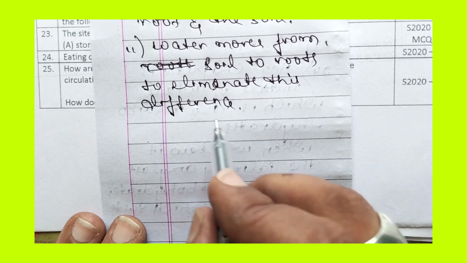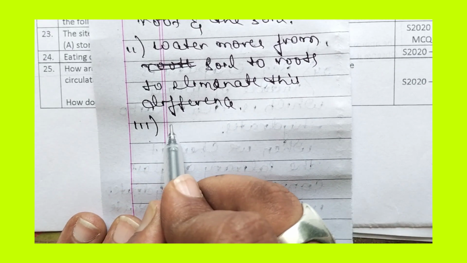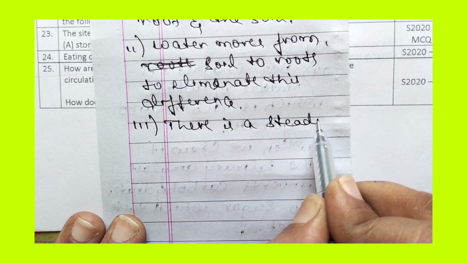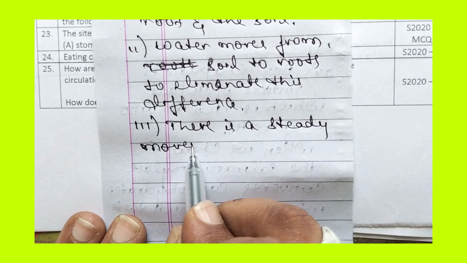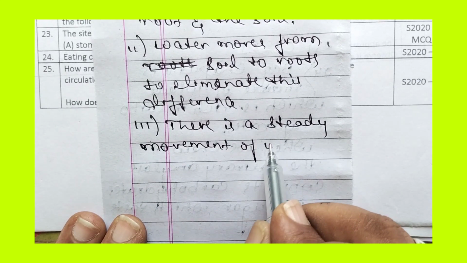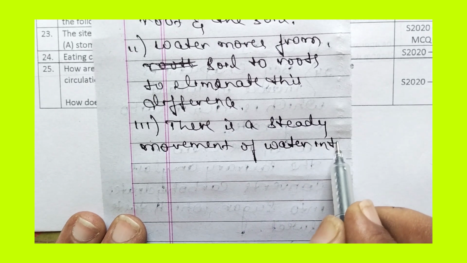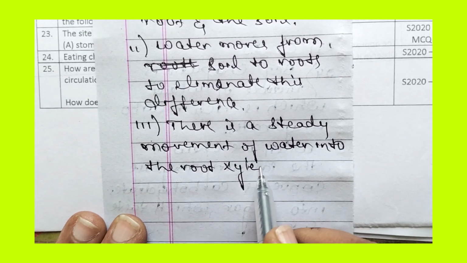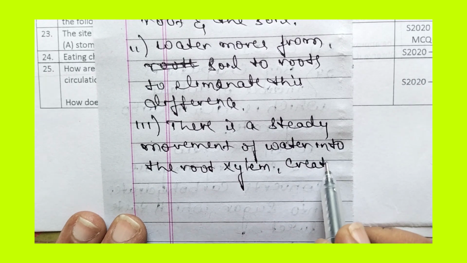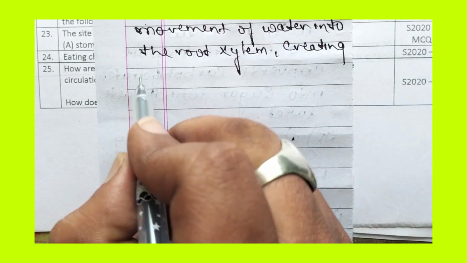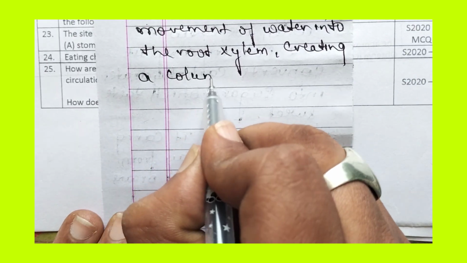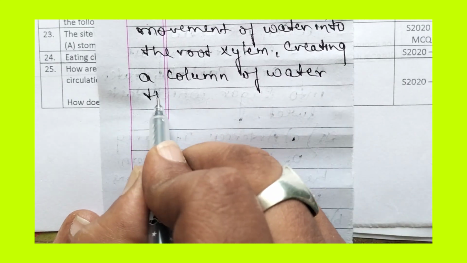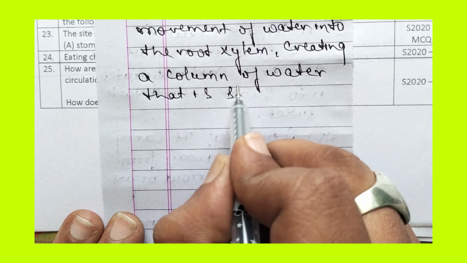Next, the third point is there is a steady movement of water into the root xylem, creating a column of water that is steadily pushed upwards.